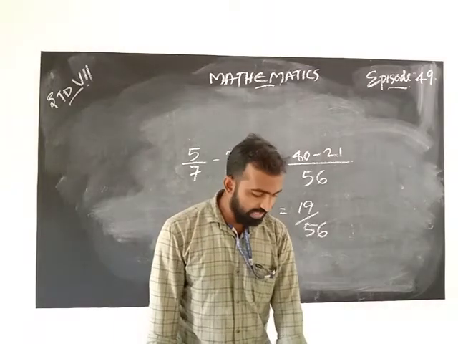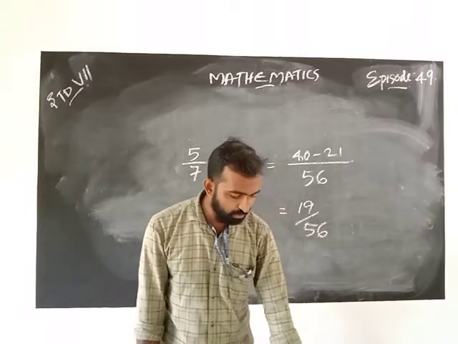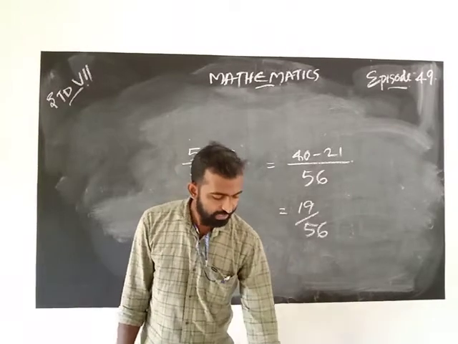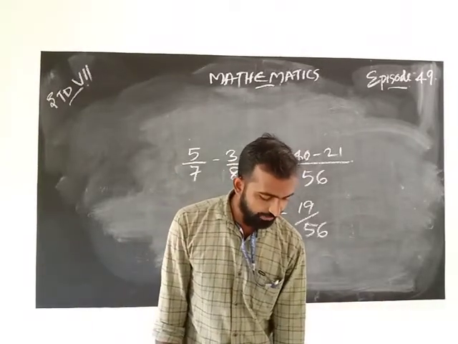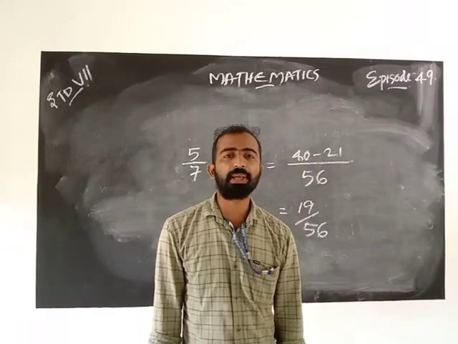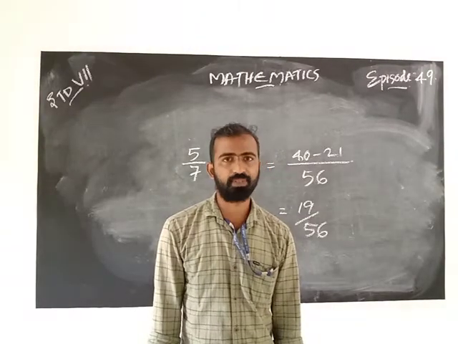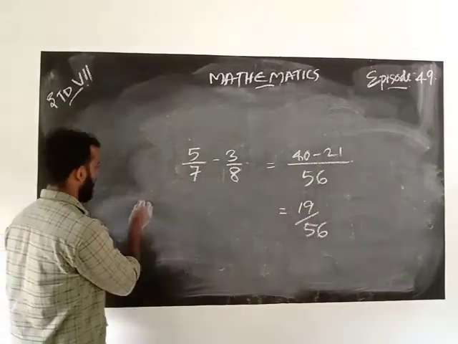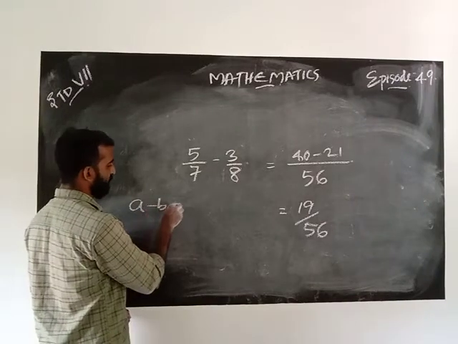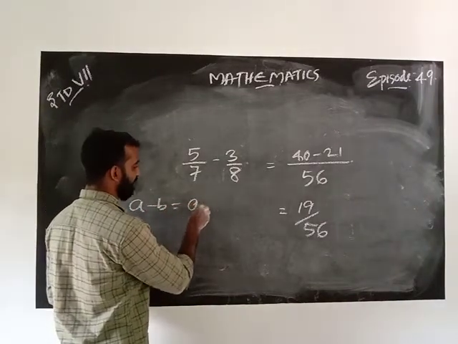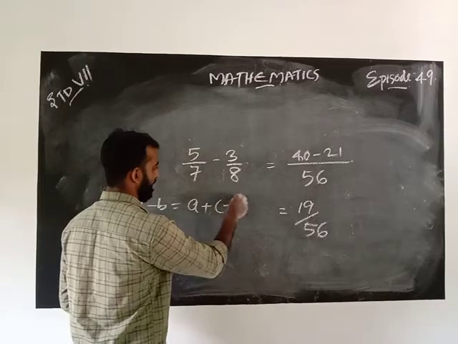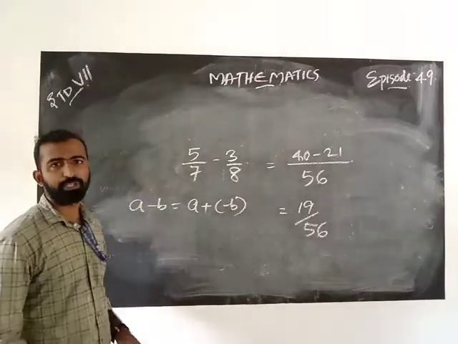Further, for two integers a and b, she could write a minus b equal to a plus negative b.